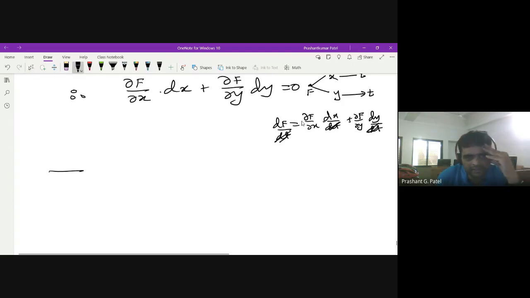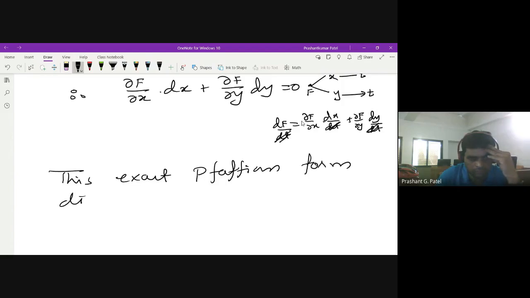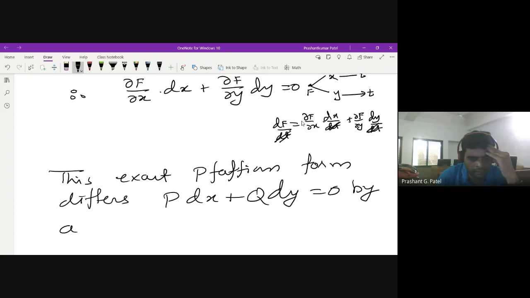So we say that this exact Pfaffian form differs from P dx plus Q dy equal to 0 by a factor, as they have the same solution.